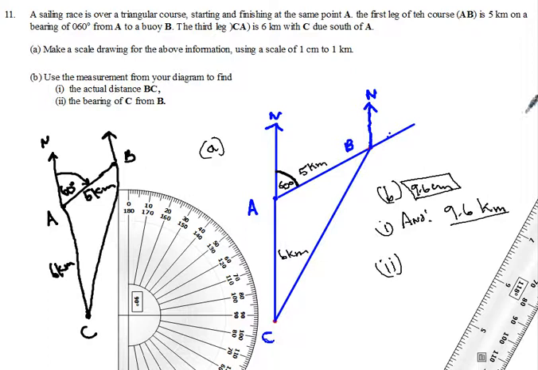The bearing of B from C, or the bearing of C from B. Now it's from B, so it has to be from the north line of B, so coming around to the line leading to C. Now all of that red mark there will represent our angle, and as you can see, it's going to be a reflex angle.